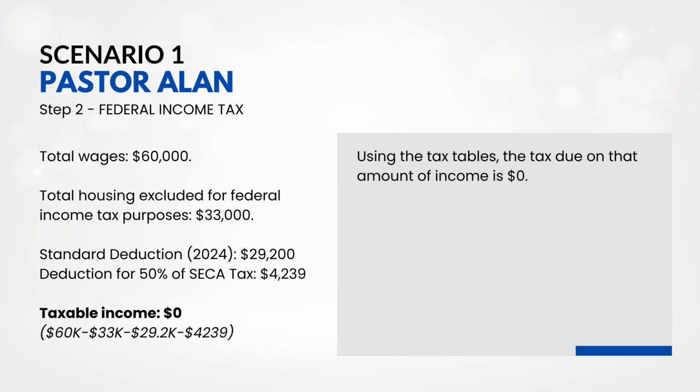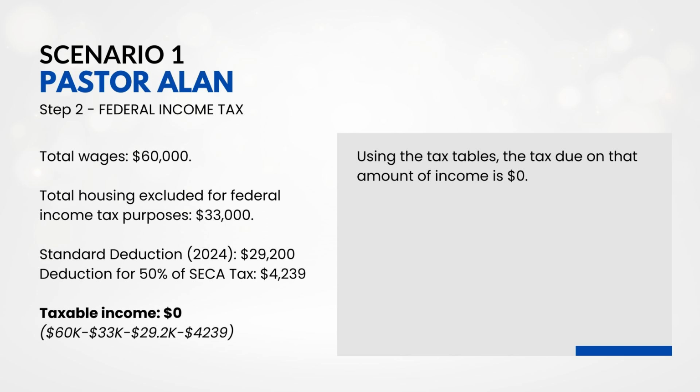After we've calculated Pastor Allen's self-employment tax, we can use that number to calculate the total federal income tax amount owed. Again, we know his wages are $60,000 and his excludable housing allowance is $33,000. That $33,000 is the lowest of the 3 housing values since he actually spent $35,000, and the fair market value was $36,500.